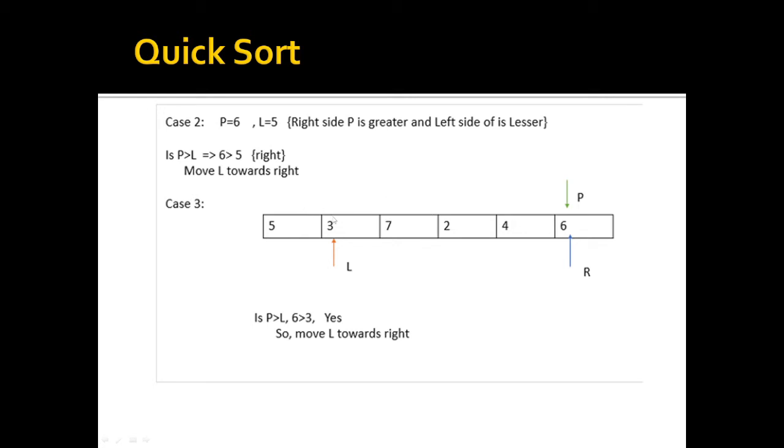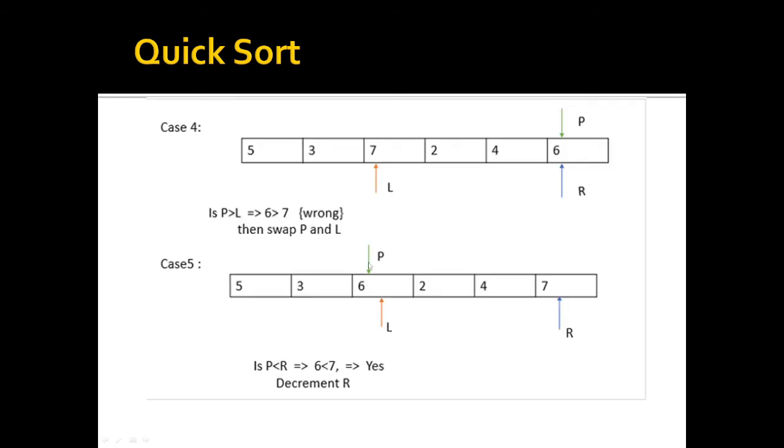If it is not, then we swap their places. In this case, 6 is greater than 5, that's correct, so we just move our left to the next element. Is P higher than this? Yes, so move again to the next element. So we are now on 7.